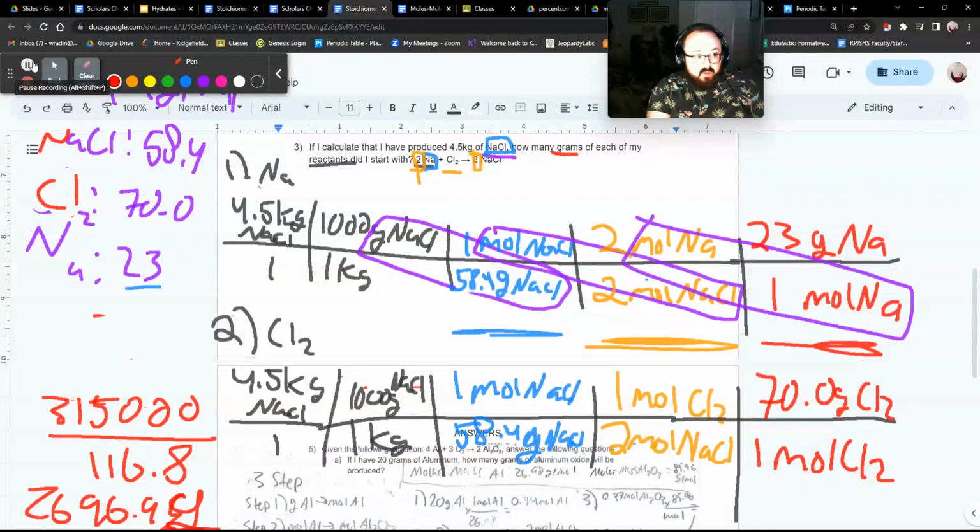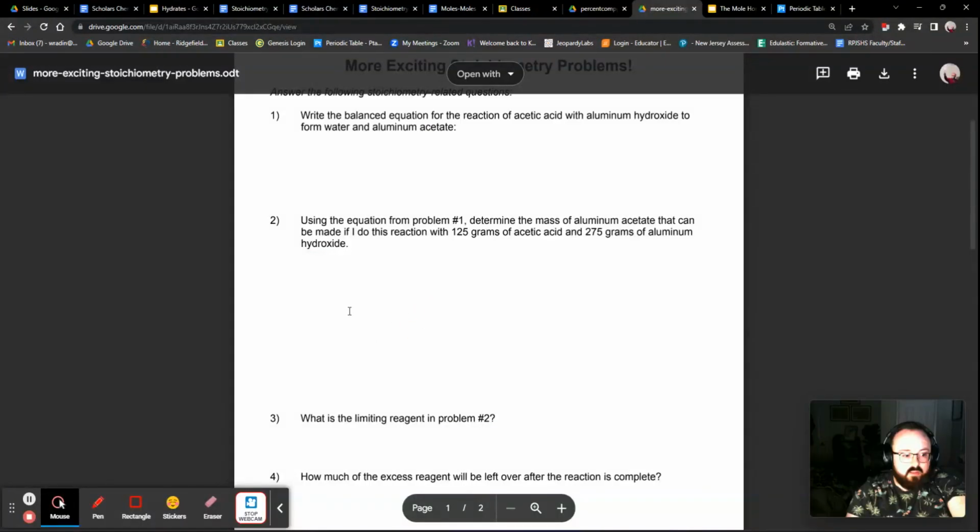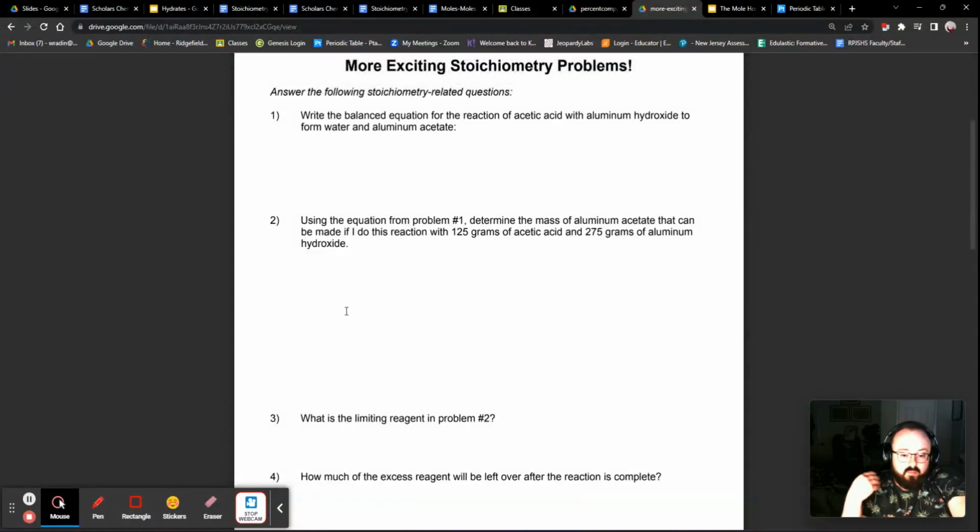All right. So now what we're going to get into is something known as the limiting reactant, and it's kind of the experimental part of our chapter here, where it really applies. So the limiting reactant is, think of it like this, and this is an example I used in class.